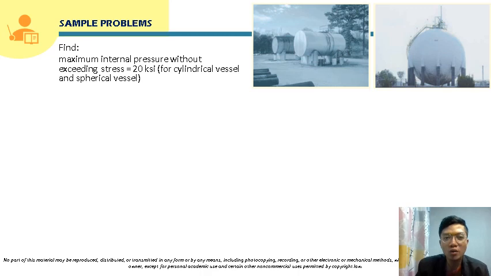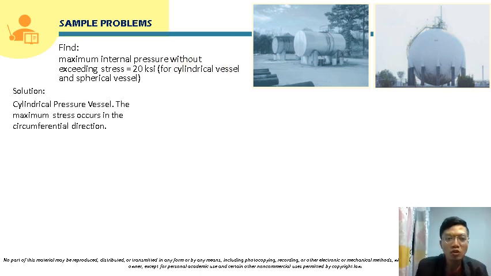Okay, so we are going to solve the maximum internal pressure without exceeding 20 ksi in the stress, for the cylindrical vessel and for the spherical vessel. So we will start with the cylindrical vessel. As we know, the maximum stress here will occur in the circumferential direction.